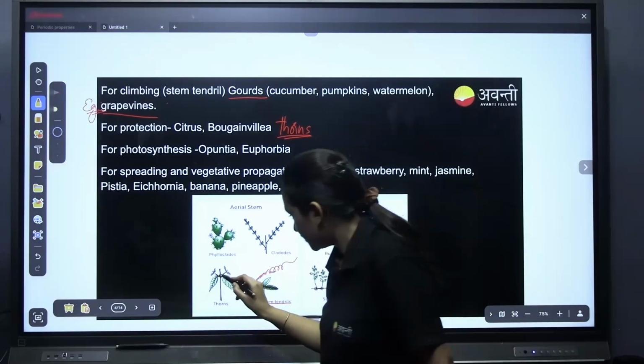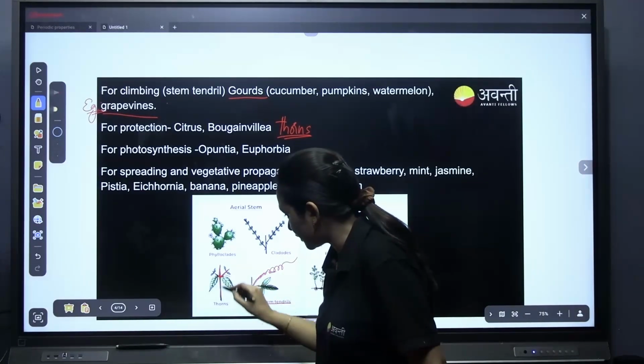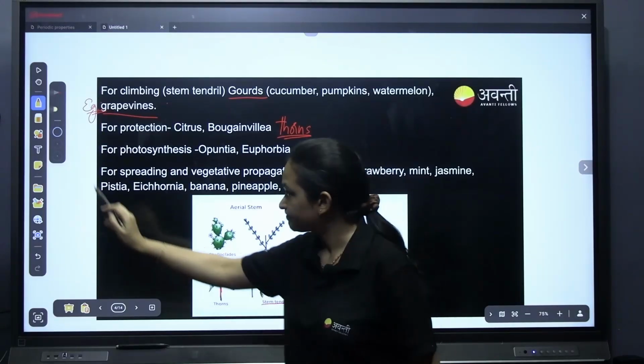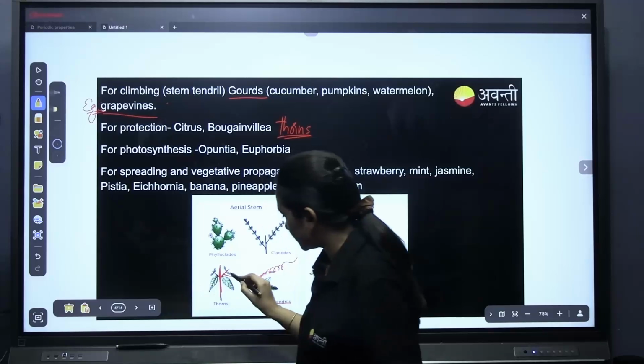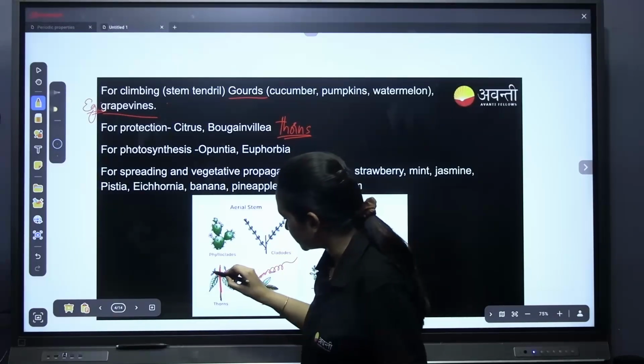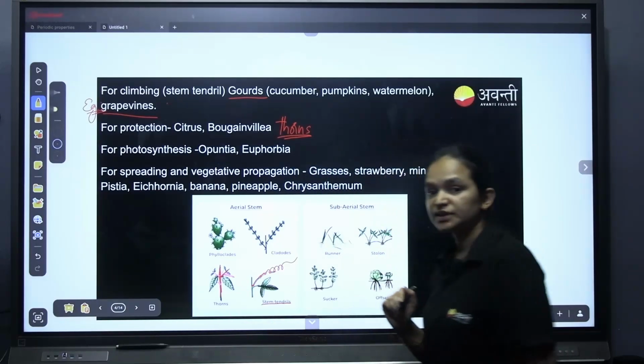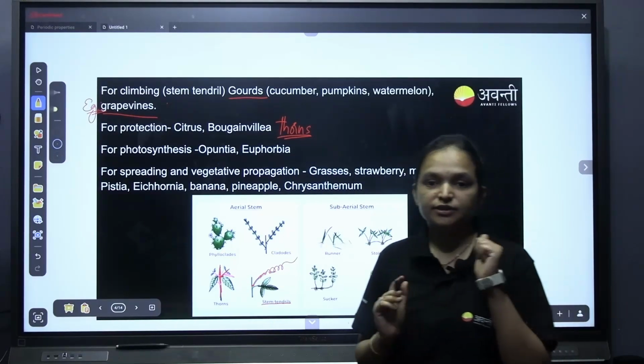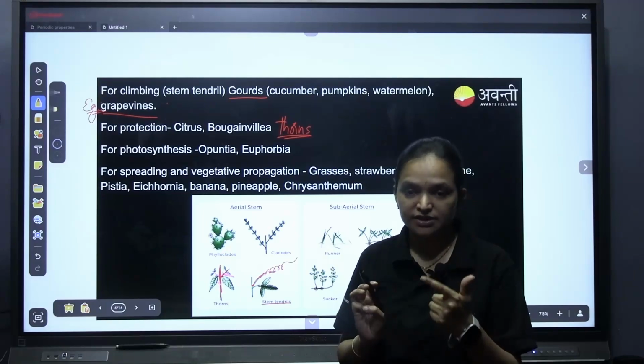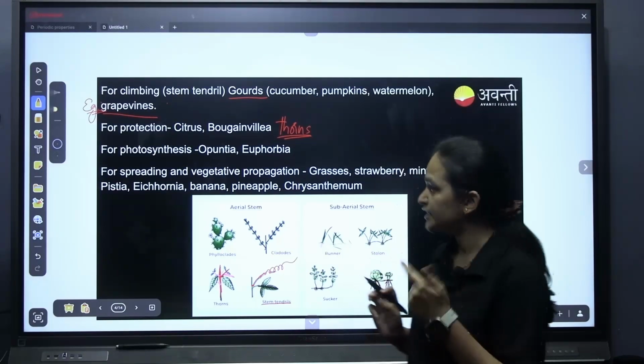Here you can see this is the stem, and from the stem the thorns are coming out like this. So these are thorns. Thorns and stem tendrils are stem modifications.